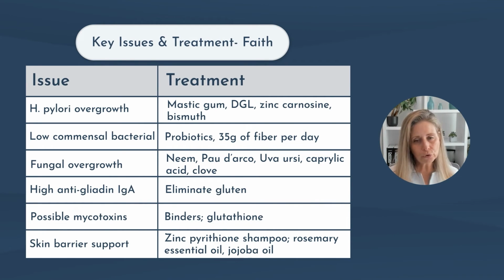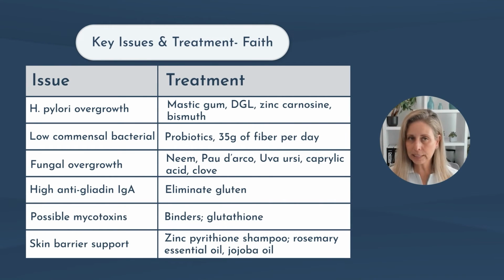For her fungal overgrowth, wonderful, beautiful antifungal herbs like neem, pau d'arco, uva ursi, caprylic acid, and clove. Definitely eliminated gluten with those high anti-gliadin IgA results. For the possible mycotoxins, since we couldn't test, I did do binders and glutathione.